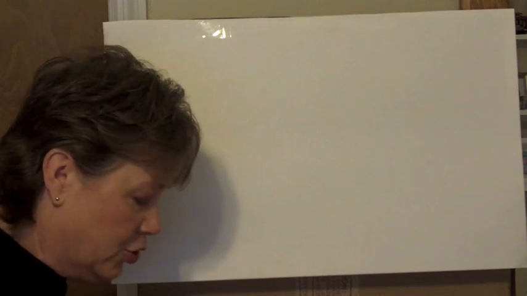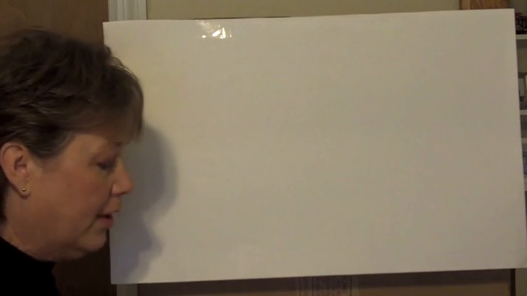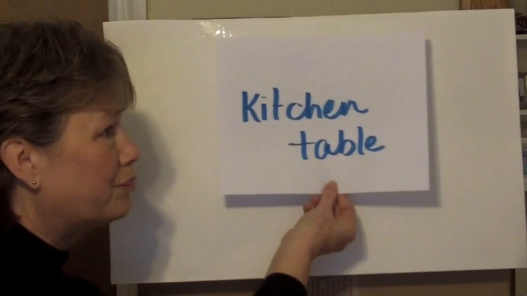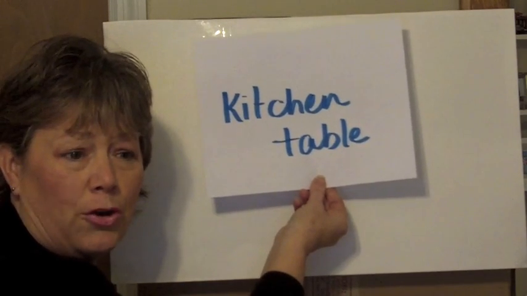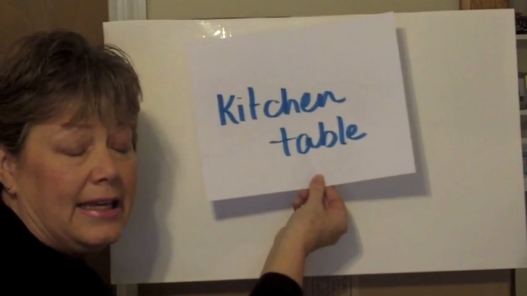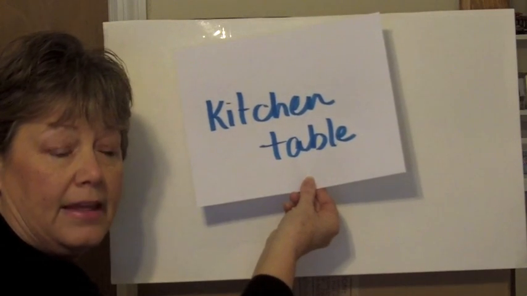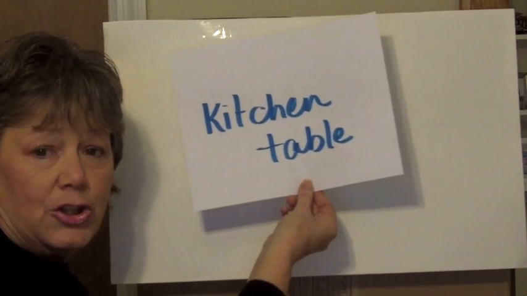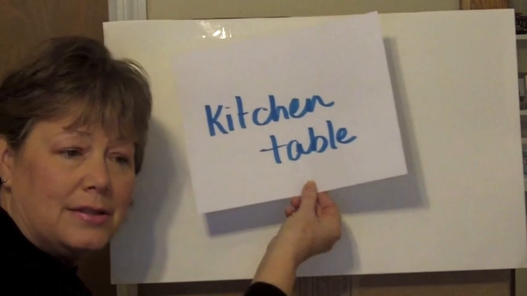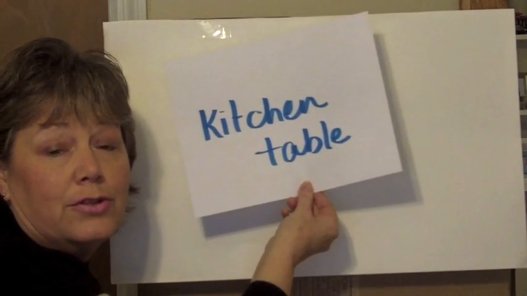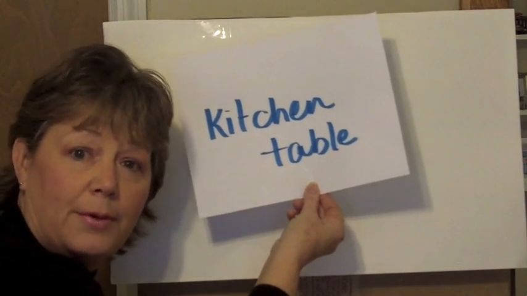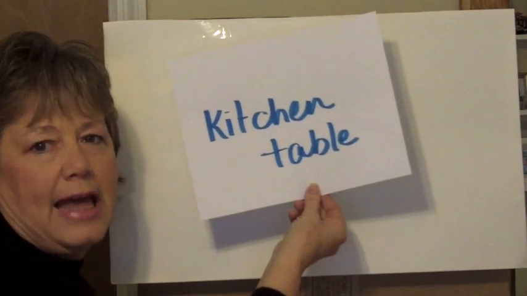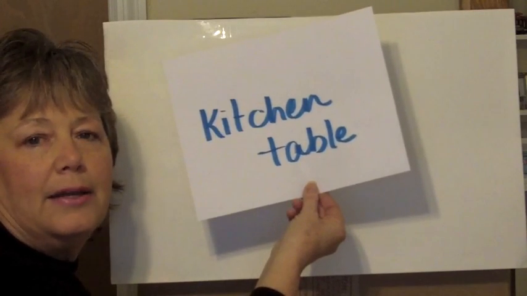If we were measuring our kitchen table, would we think about measuring our kitchen table in lengths of inches, feet, yards, miles, or centimeters, meters, kilometers? How would we use that? What would we think about in measuring that?